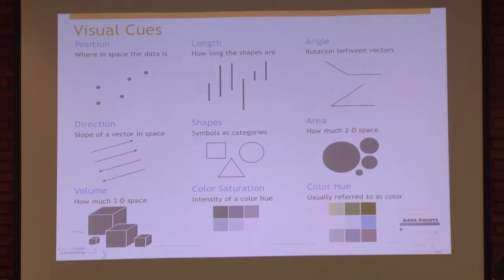Position, so where in space data is located relative to other data; length, how long shapes are; angles between vectors; direction, so if you have a vector, showing the slope of the vector and what direction something's moving; using symbols and shapes as categories to distinguish different types of data; area, how much 2D space something represents, versus volume, how much 3D space; and then color intensity and color hue.